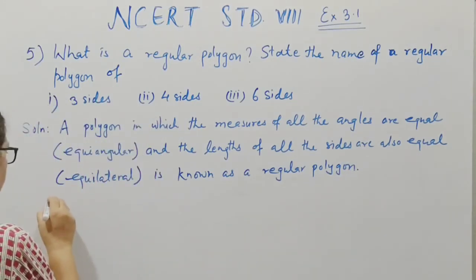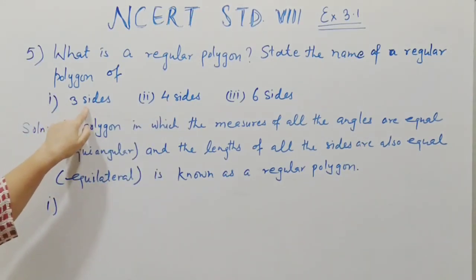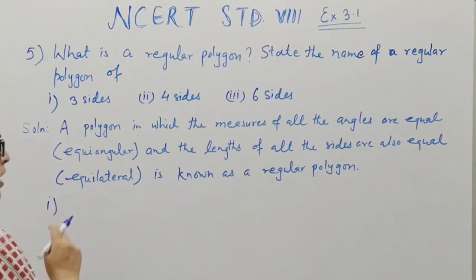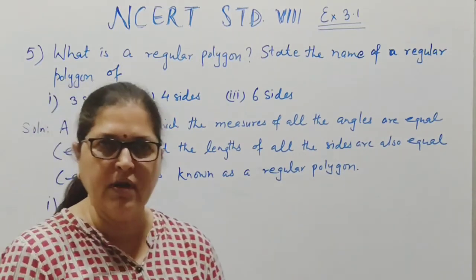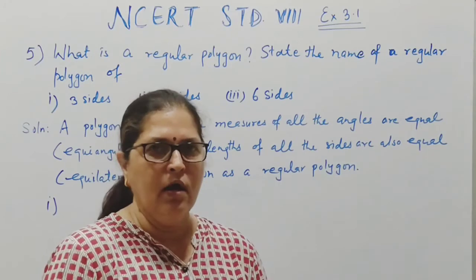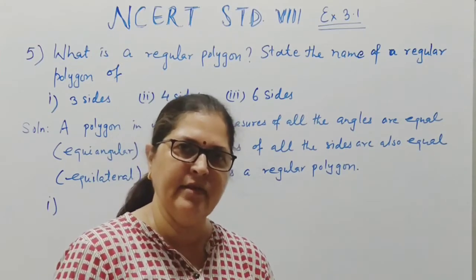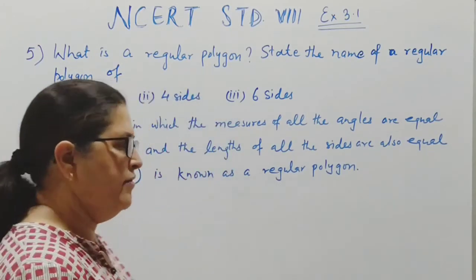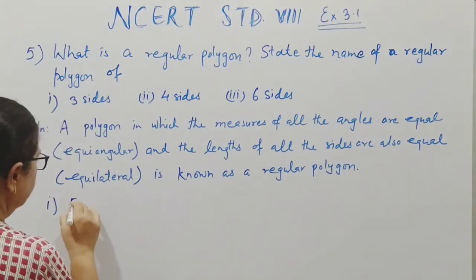Now the first part, we have to name a regular polygon with 3 sides. Any polygon with 3 sides is known as a triangle, but a triangle with all the sides and all the angles equal is known as an equilateral triangle.